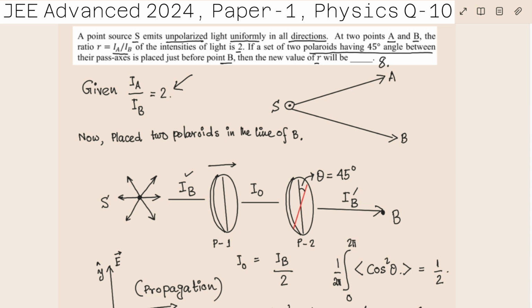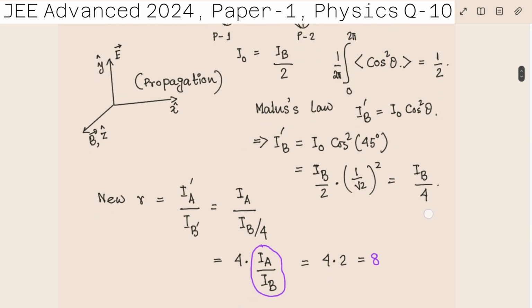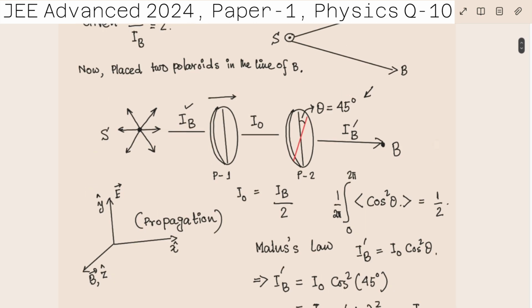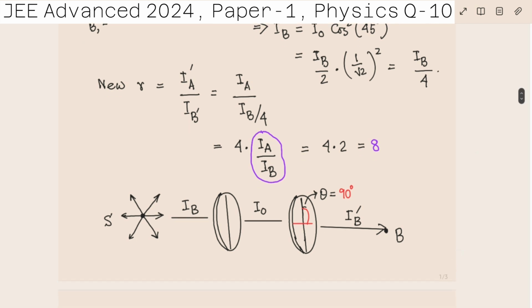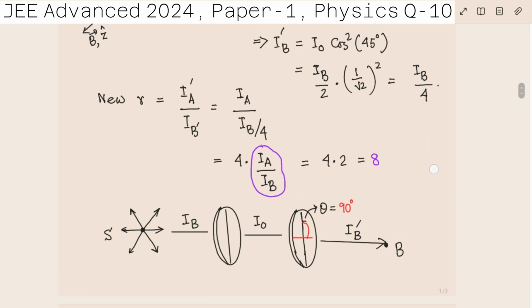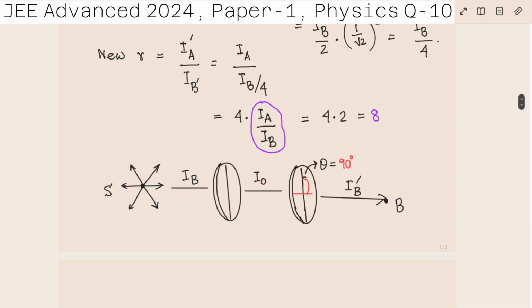What happens if the second polarizer is placed with respect to the first one not by 45 degrees, but, let's say, by 90 degrees? If it is 90 degrees, we know the intensity is proportional to cos squared theta.